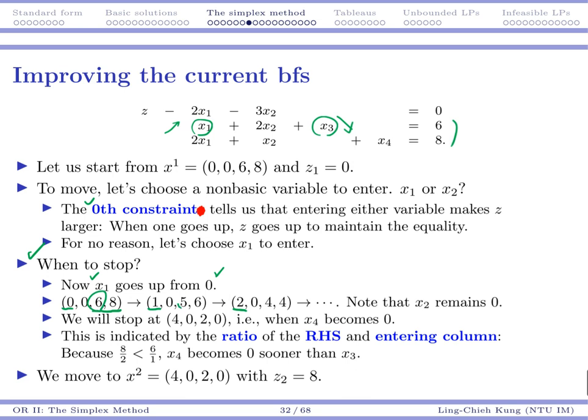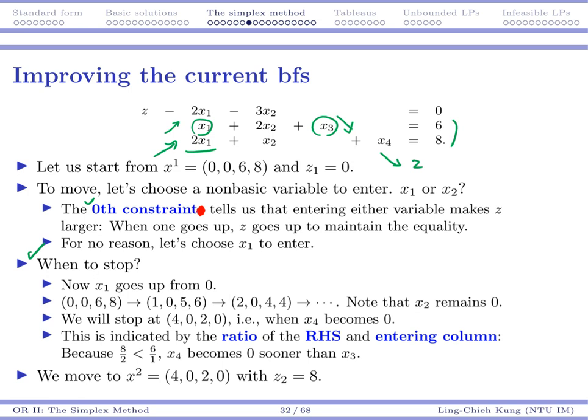That's why 6 becomes 5. And if x1 is increased by 1, x4 must decrease by 2. So that's why 8 becomes 6. So 0, 0, 6, 8 becomes 1, 0, 5, 6, becomes 2, 0, 4, 4, and so on.